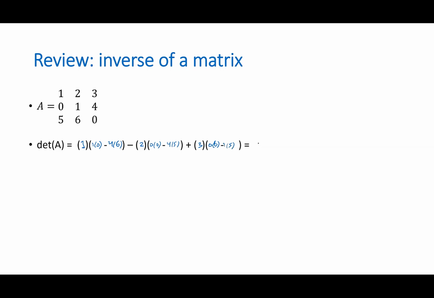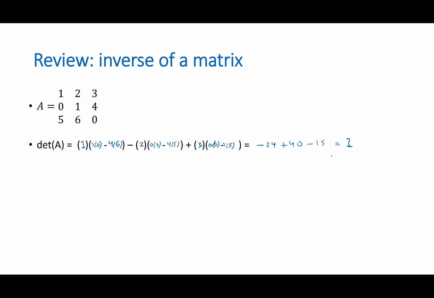That is minus 24, plus 40, minus 15. That is, what is that? 1. So 1 over 1, which is just 1, times adjoint of A.